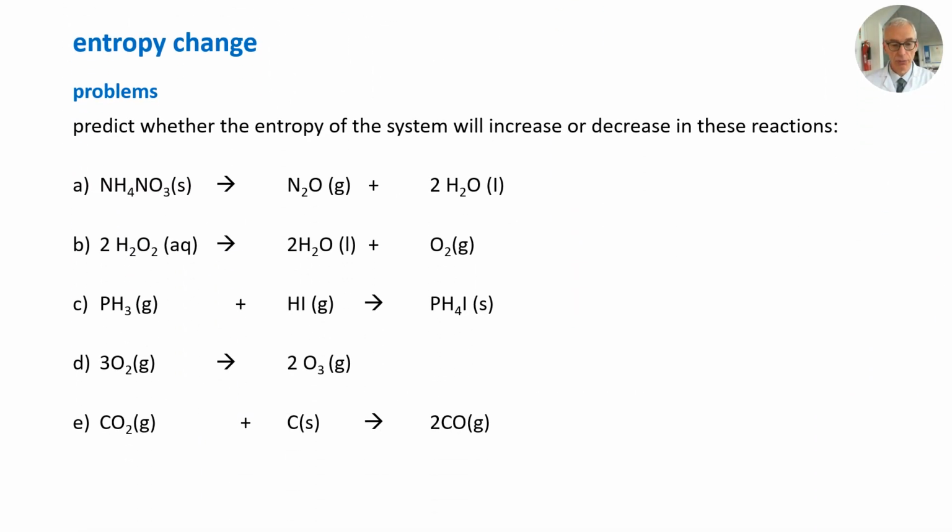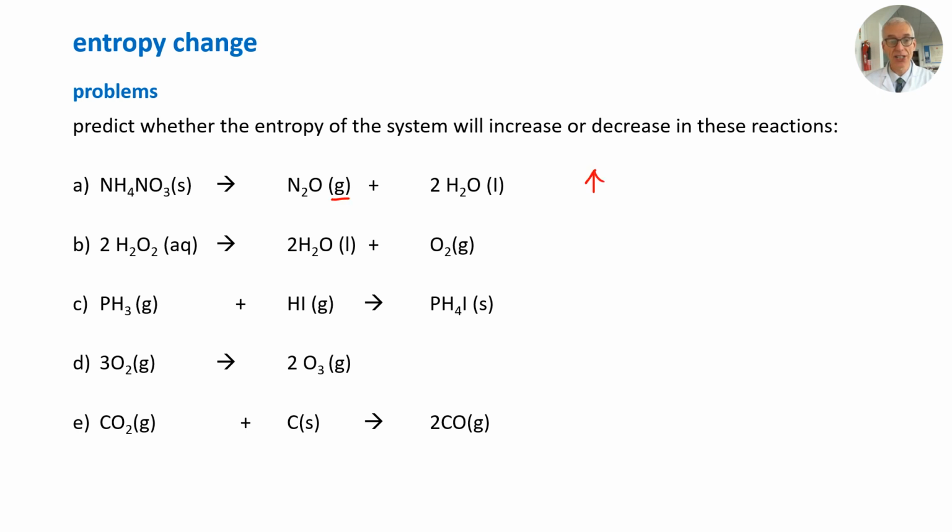So here are some problems. Predict whether the entropy of the system will increase or decrease for the 5 reactions as written, in other words, the 5 systems. Pause, come back to check against my ideas when you are ready. Okay, so A, that will be an increase.